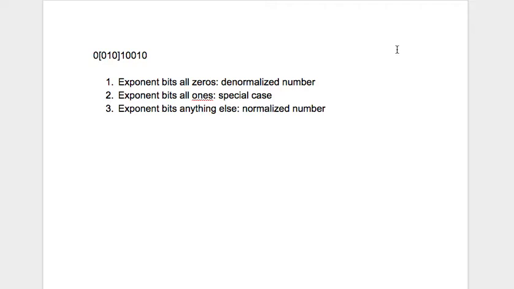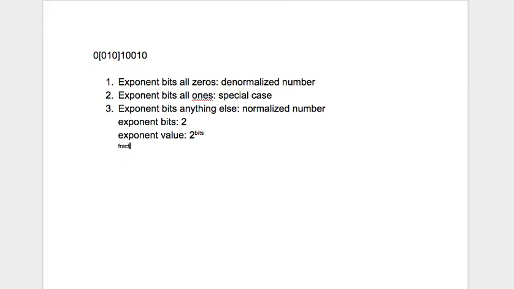I'm going to refer to the exponent bits just as the bits, but the value of them, in this case 0, 1, 0, would be a value of 2. And then we also have the exponent value, which is 2 to the power of the bits.